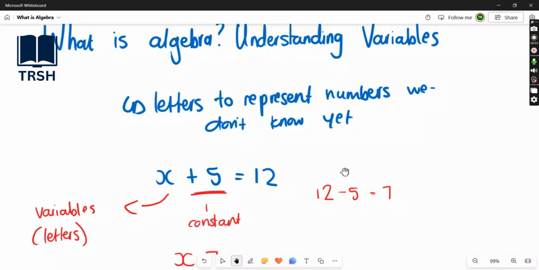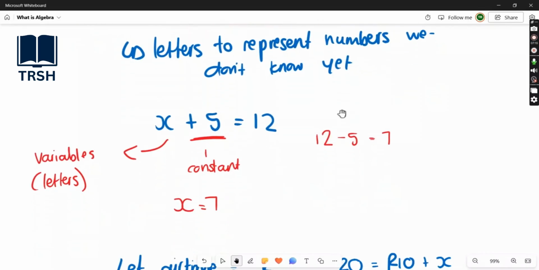Another thing is letters represent numbers we don't know yet. We don't know it, so that's algebra. This can come in handy when we're talking about word problems, when they say someone is x years old and someone is 3x years old. How old is the first person? Things like that. That is an example of algebra.